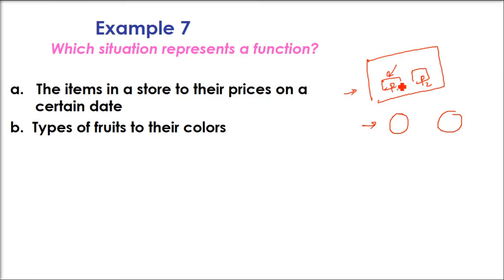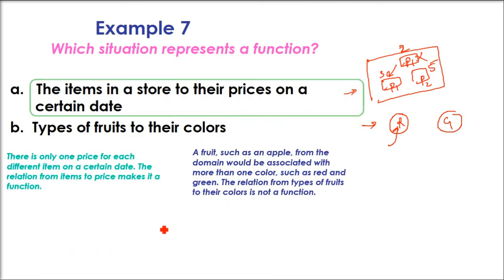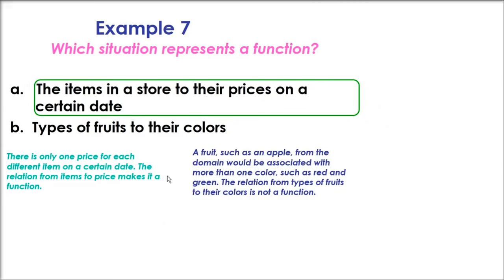Every item has a different price. A single item doesn't have multiple prices. Here, the fruit, say it's an apple, can be red, it can be green. So the first one is a function.